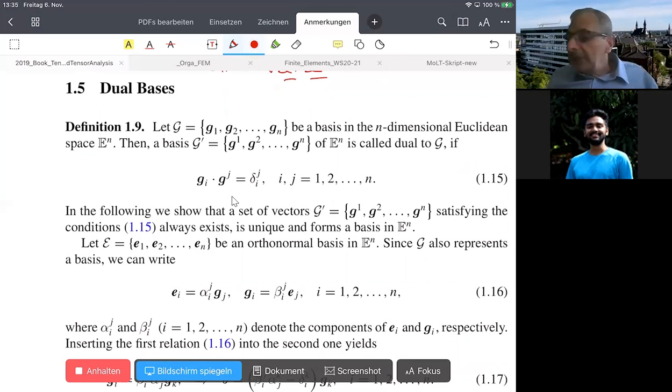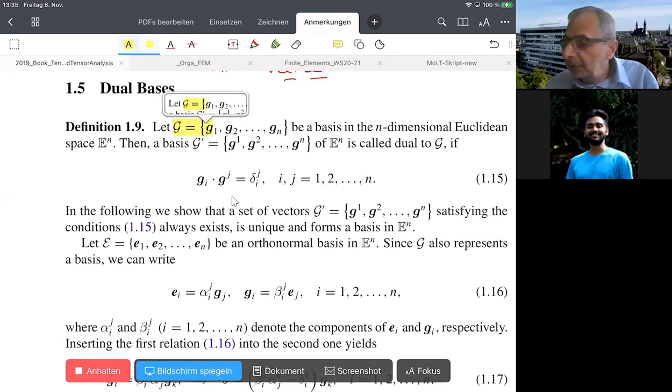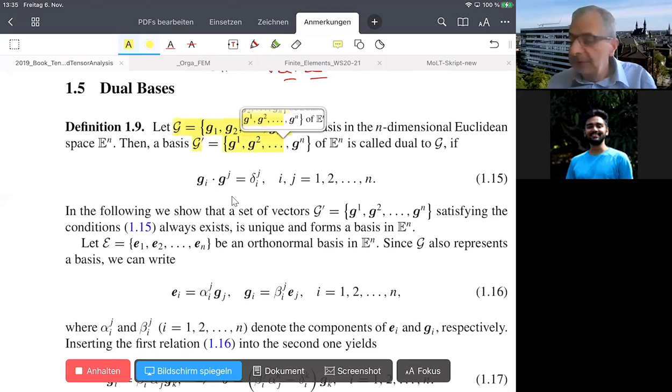Okay, let us assume that we have a basis G: G1, G2, Gn. And then let us consider another basis, G dash, excuse me, and you see the difference. Here, in order to distinguish between two bases, I write indices above.